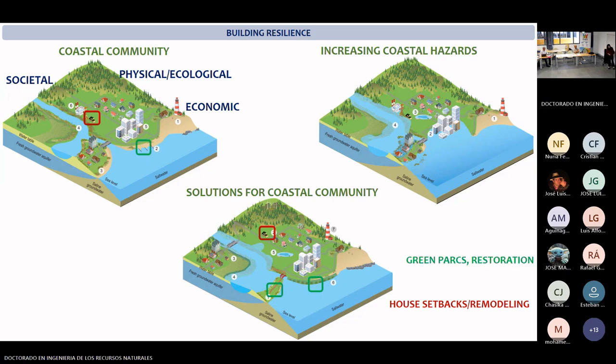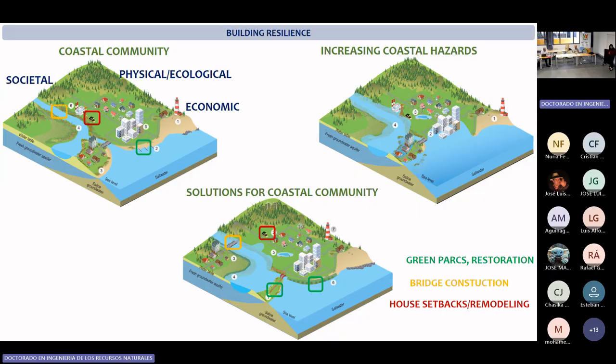The second one, the blue part, green parks, where we have to implement more restorations. Green parks, vegetated areas, and we use natural systems to put in more vegetation. Green solutions.